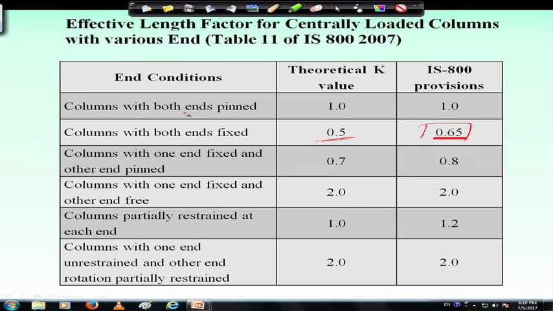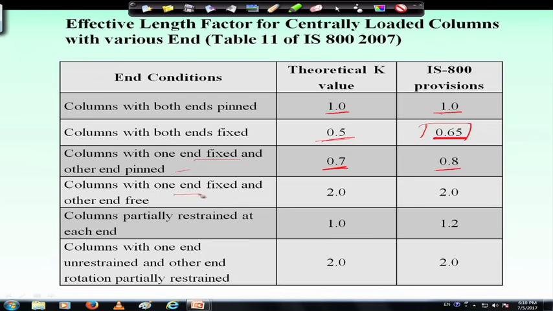Similarly, for columns with both ends pinned, we consider K value as 1, that means LE is equal to L. Again, for columns with one end fixed and the other end pinned, the theoretical value is 0.7, but in the IS code provision it is 0.8.